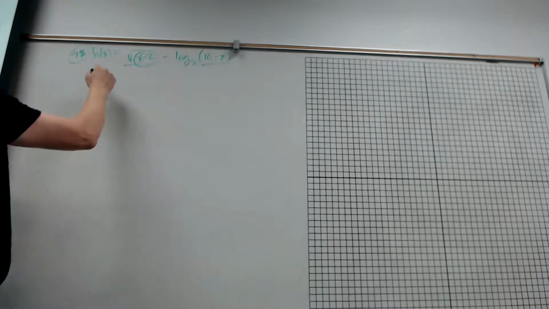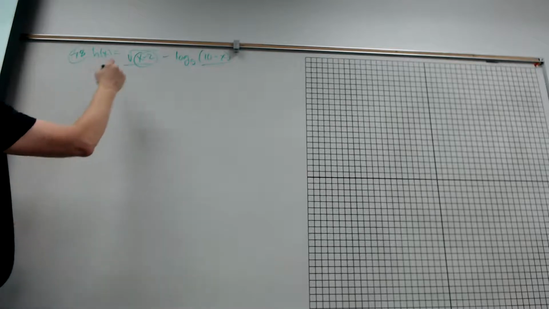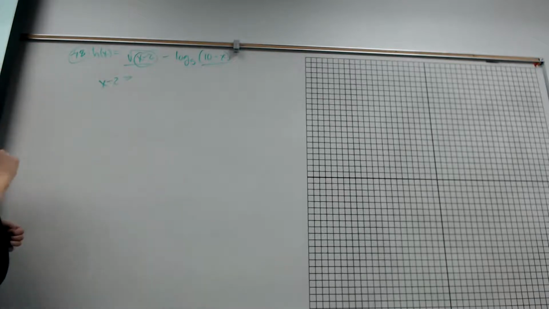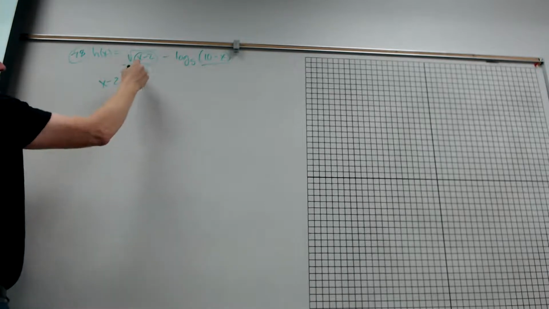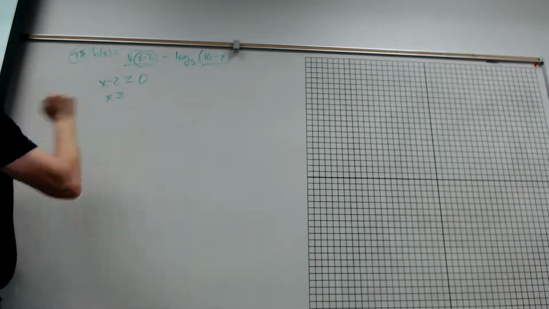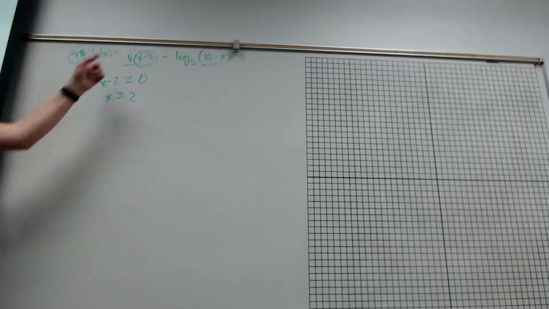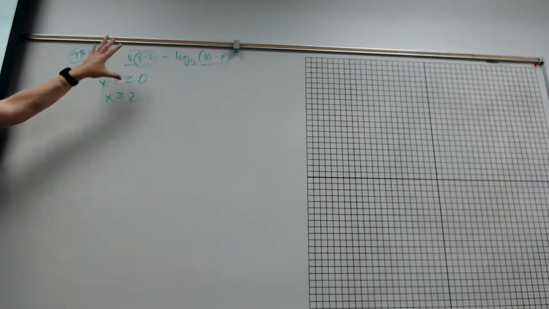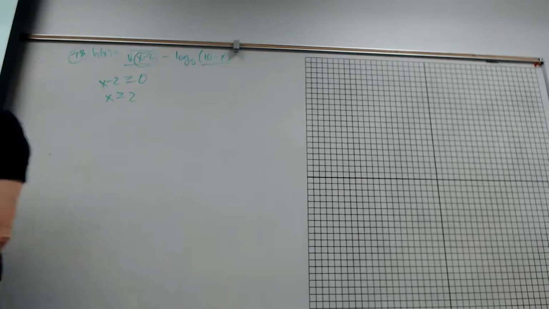Okay, so x minus 2 must be greater than, only greater than? It could equal, right? That would be okay. 0. So x is greater than or equal to 2. Okay? The square root's the thing that I have to pay attention to in this piece. Now let's look at this piece. What is my problem part in here?